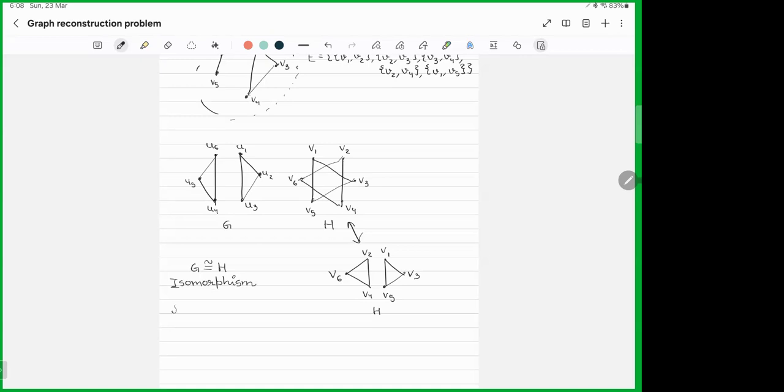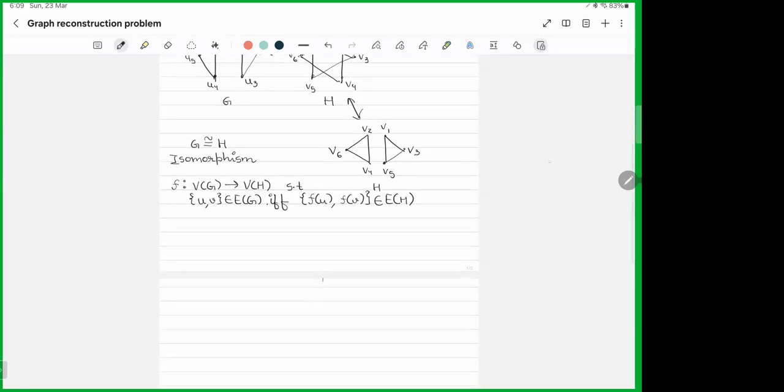An isomorphism is a function f from V(G) to V(H) such that u, v is an edge in G if and only if f(u), f(v) is an edge in H. Okay, so can you find the isomorphism between G and H?